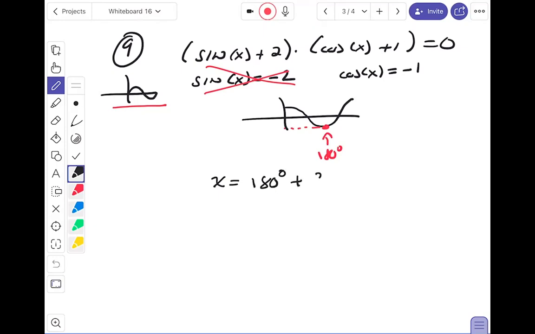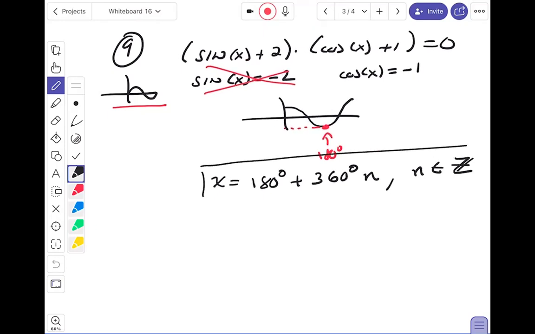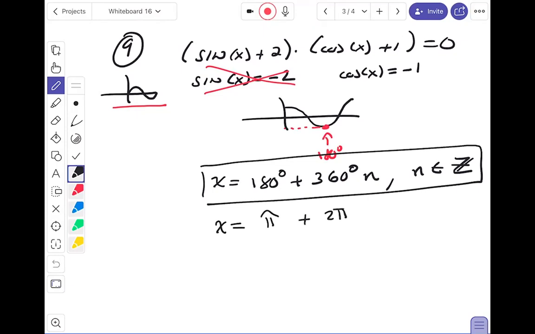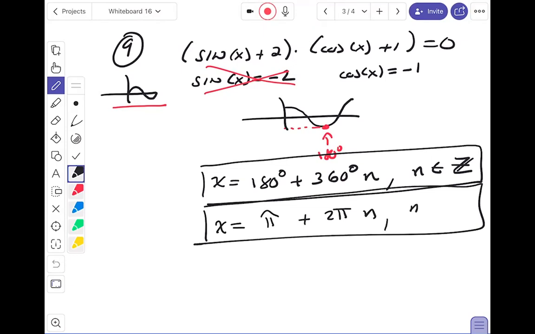It repeats itself every 360 degrees. I'm going to put n down with the understanding n is an integer. I'm going to put the radian measure down. X equals pi plus 2 pi n. And I'm going to write n is an integer.